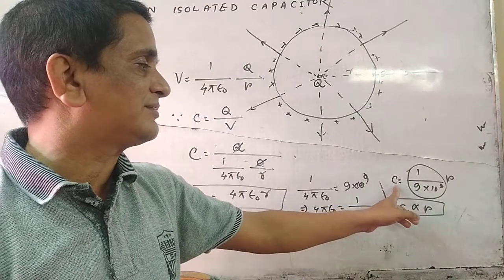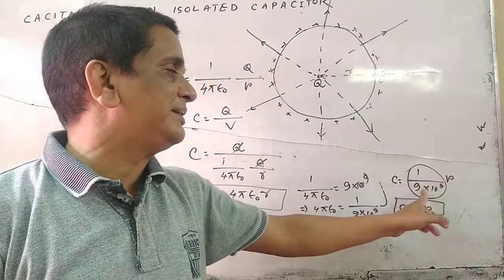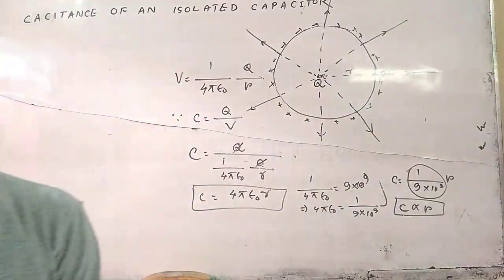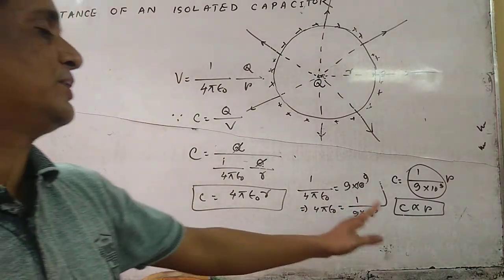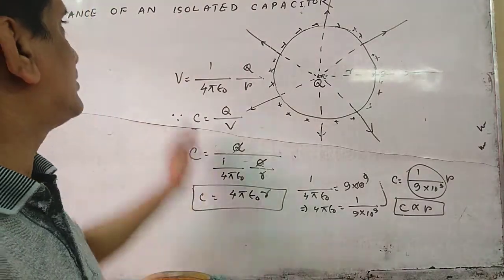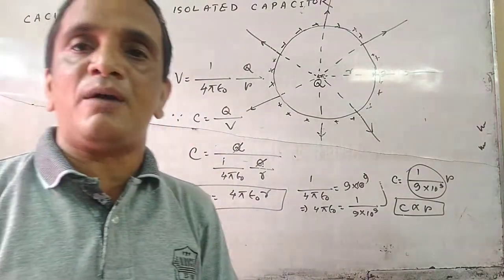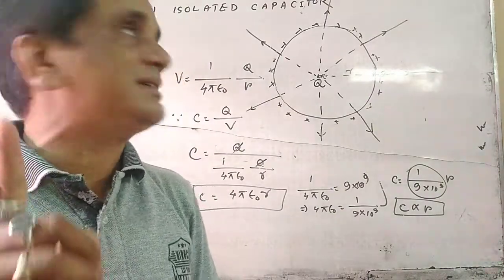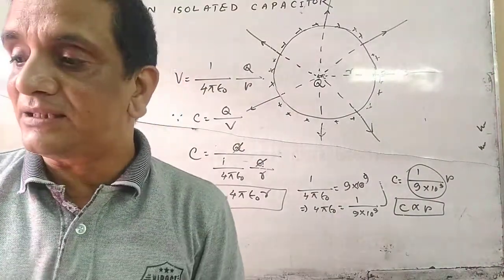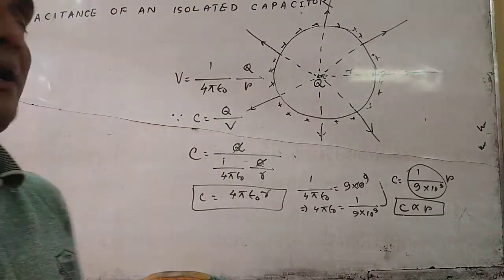The result is C equal to R by 9 into 10 to the power 9, and from there we conclude that C is directly proportional to the radius of the sphere. This is the capacitance of an isolated spherical conductor.